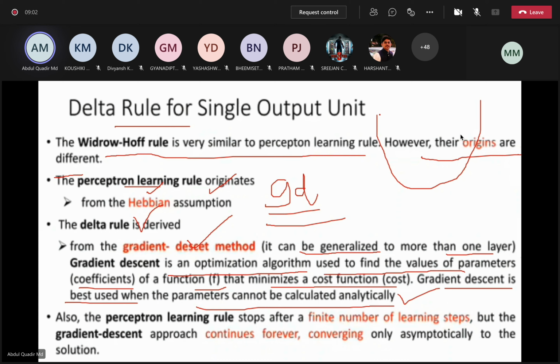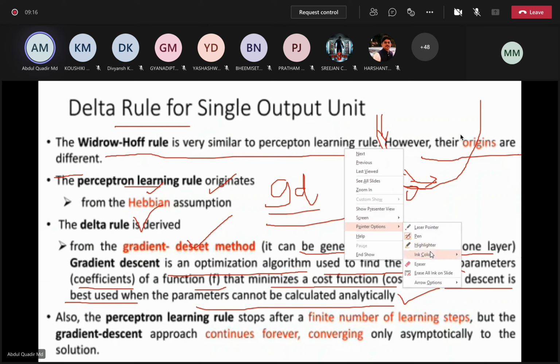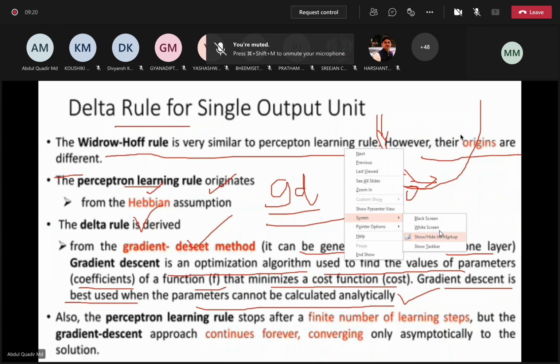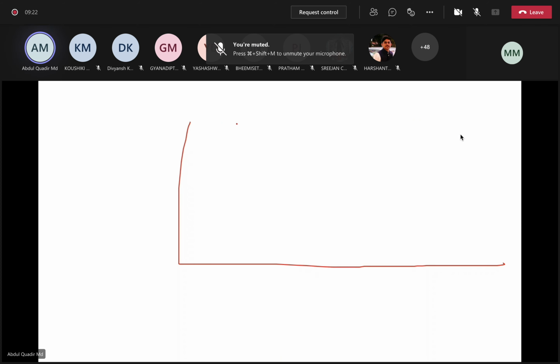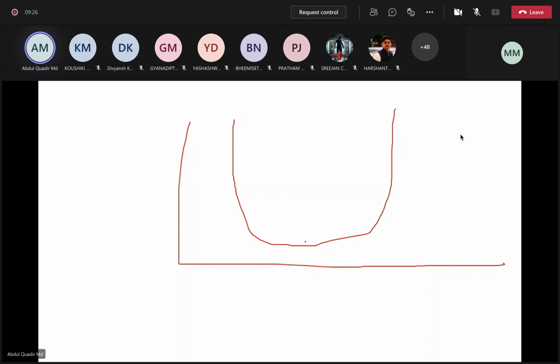If I start with one step unit, I need to minimize the error. So the error might be somewhere over here. This is zero error. If this is the gradient route we were discussing, our aim is to minimize the error.